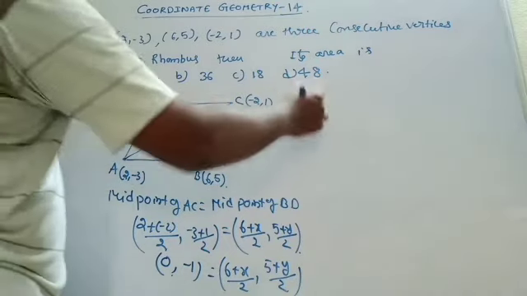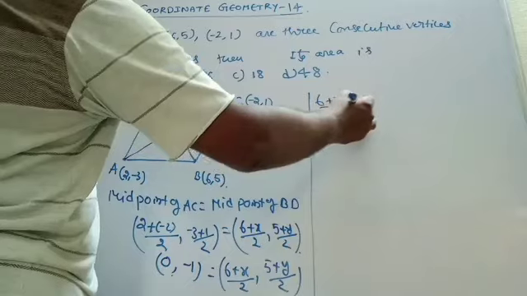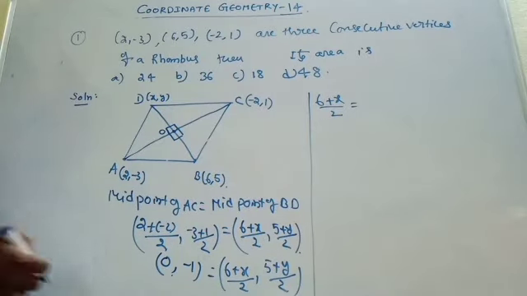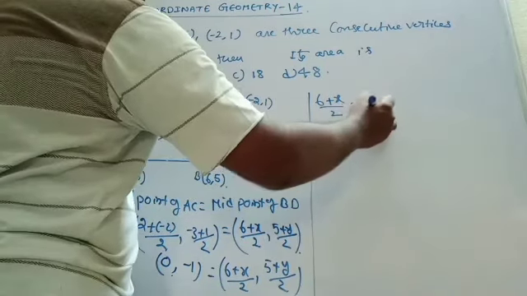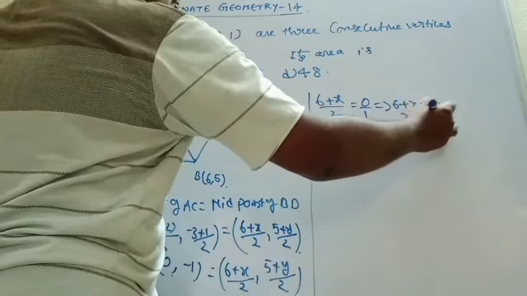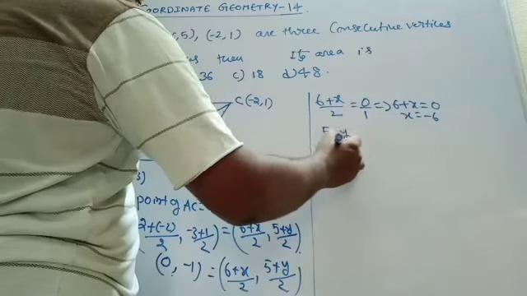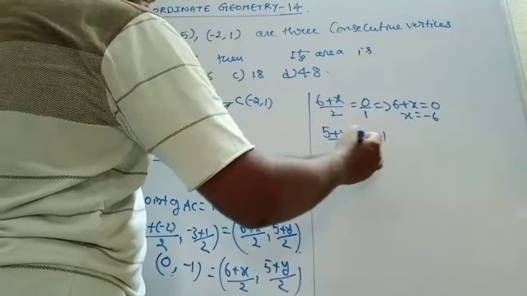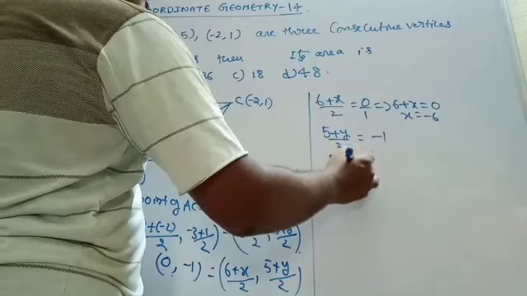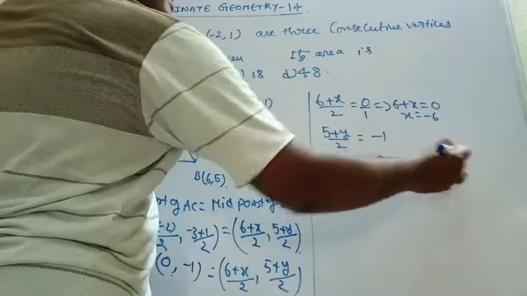Once we equate them, let us equate their corresponding coordinates. (6 plus x)/2 equal to 0, that means 6 plus x is equal to 0, x equal to minus 6. And (5 plus y)/2 is equal to minus 1, that means 5 plus y equal to minus 2, from that y equal to minus 7.